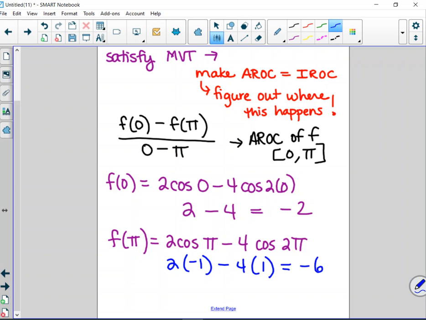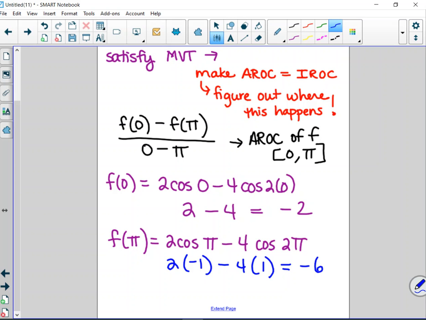Negative 6. You guys checking me? Am I good? Nobody's just watching me. We're just watching. All right, let's see. Cosine. Never mind. All right, that's negative 2. Just making sure I'm not doing anything dumb.